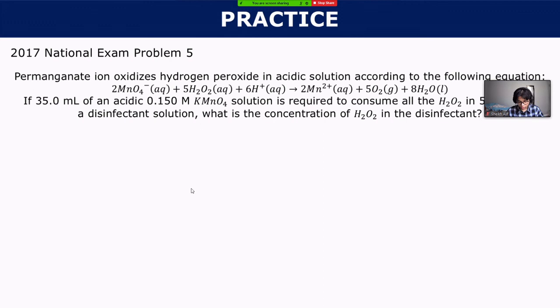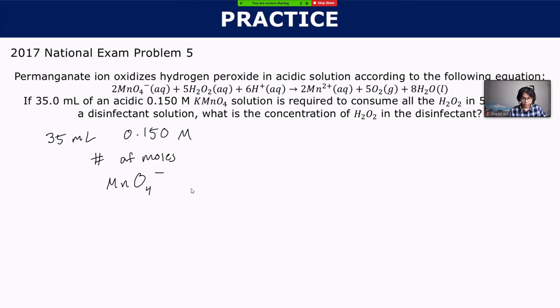Okay, so let's use the information that we are given. 35 ml, and that's at 0.15 molarity. What we can take from this information is the number of moles of permanganate ion.